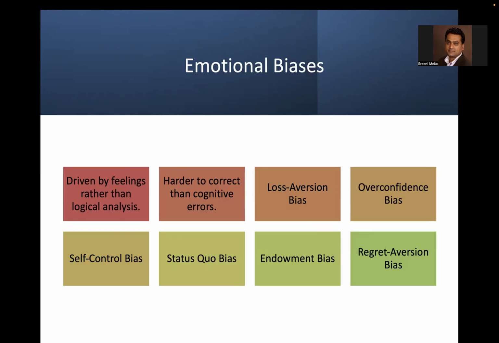The next one is overconfidence bias. If you hit a couple of runs, you feel confident. One of the guys I know, a real estate friend, got into the investment world, and he said, last year my returns were 100%.